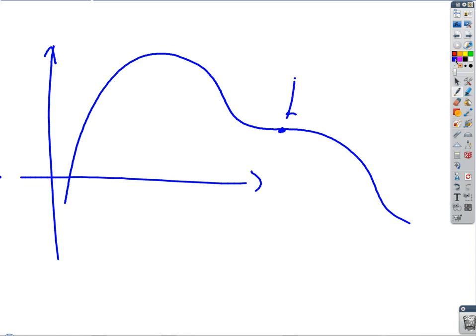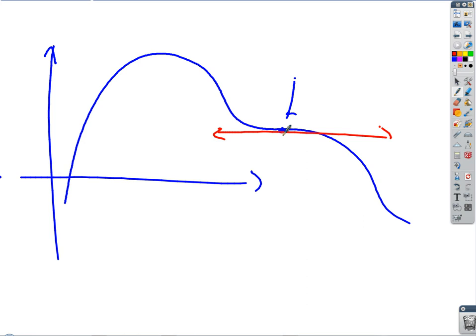We're going to come to call that a point of inflection. Isn't that a place where the tangent line's horizontal, but the function doesn't actually turn? It's not a peak or a valley.